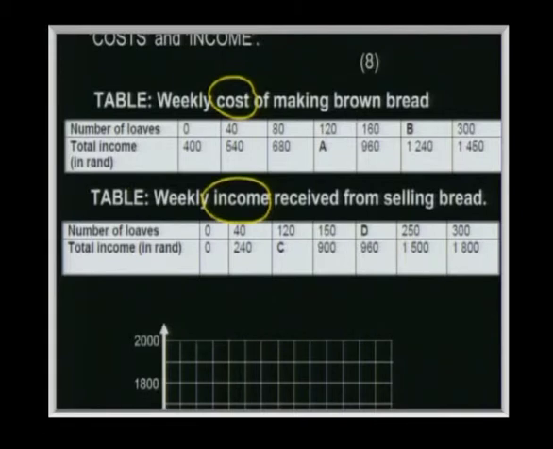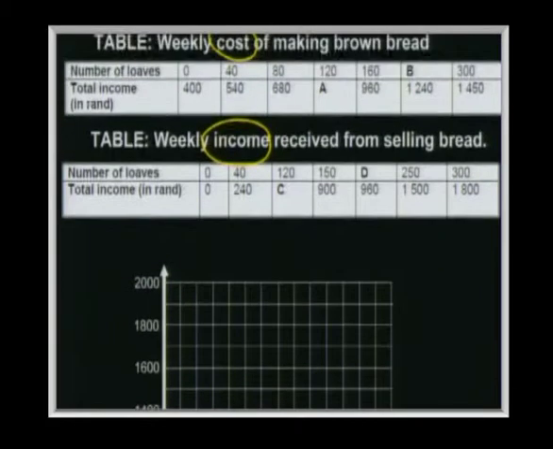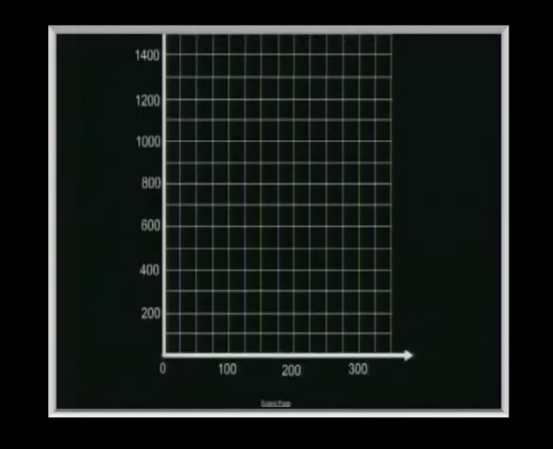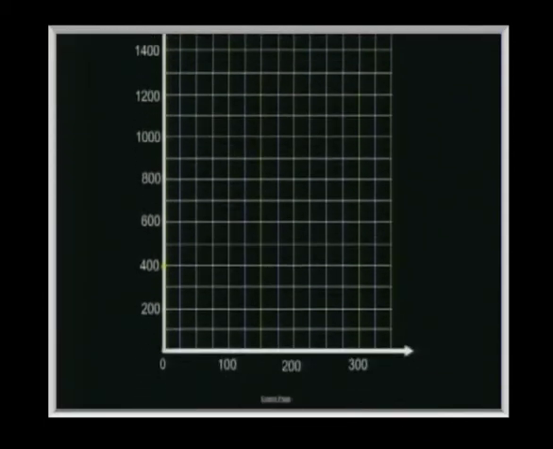So we're going to now plot these points. The first one, let's do our costs first, is 0, 400, 40 and 540. I think that's going to be roughly about there. It's not the most accurate graph because we haven't got all the grid lines in.